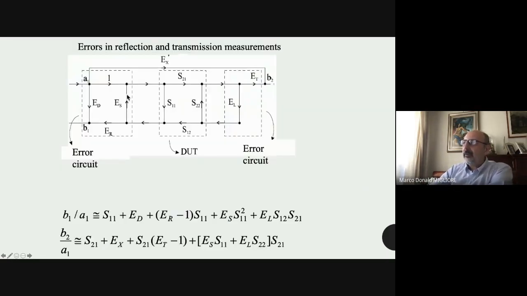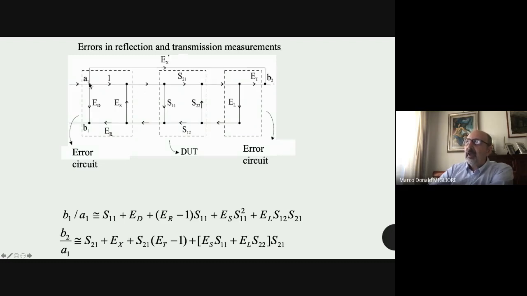This is the full scheme, and this S11, S22, S12, S21 is the device under test. This is the error circuit before, and this is the error circuit after, and E are the error parameters. Of course, before we have ED, ES, ER, we know these parameters. After we have other two parameters, EL and ET. So in this case, we have a total of 5, to tell the truth, 6 parameters.